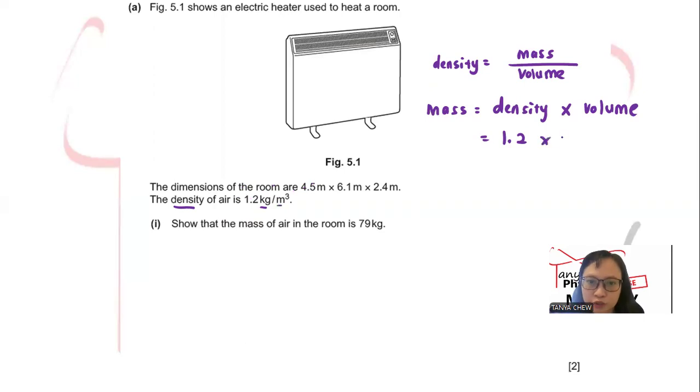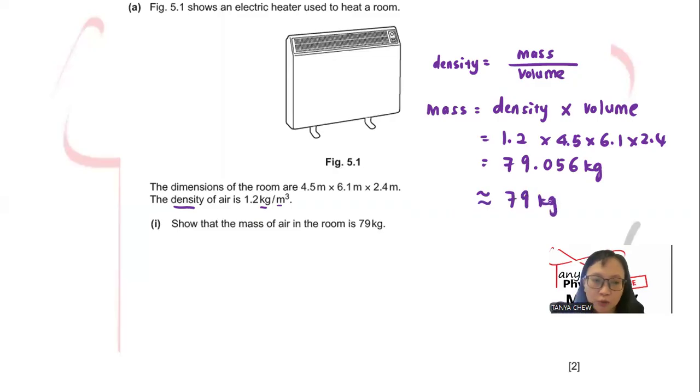So all you need to do is times 4.5 times 6.1 times 2.4. After that, use your calculator: 1.2 times 4.5 times 6.1 times 2.4. And I got 79.056 kilogram. After I wrote that, then only I rounded off to 79 kilogram.